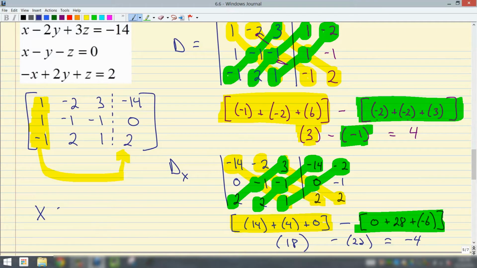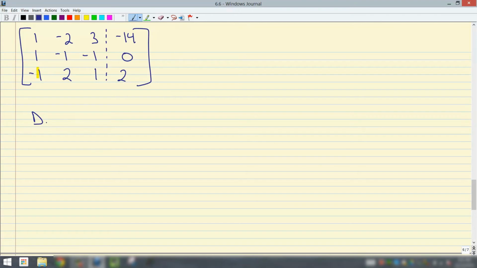The x-coordinate is equal to D of x divided by D, which is negative 4 divided by 4, which is negative 1.